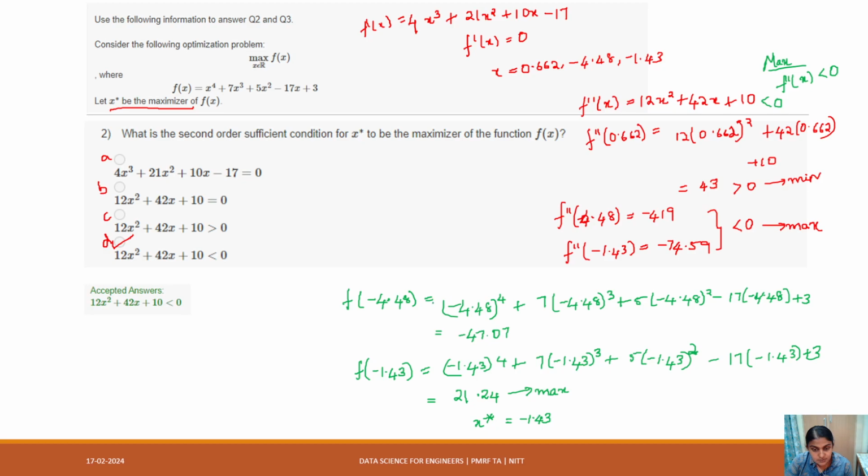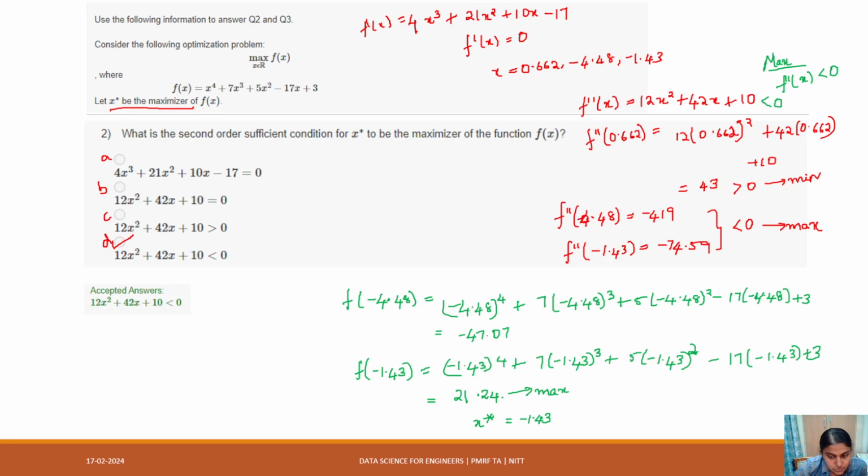That's why we have to put those points in the main f of x function, and then f of that particular point will give you, first one gives you minus 47.07, and f of minus 1.43 gives 21.24. So comparing these two values, you can find that 21.24 is greater than minus 47.07.